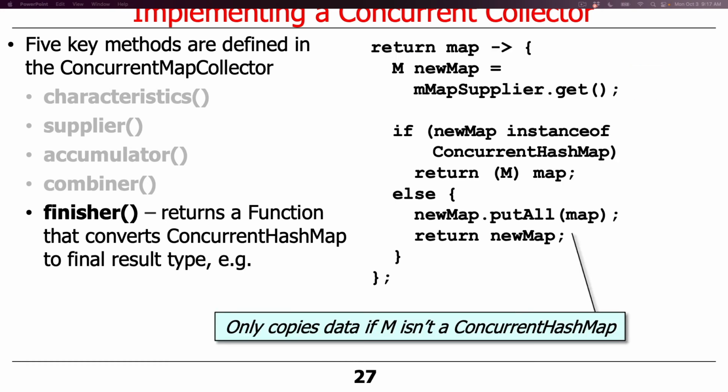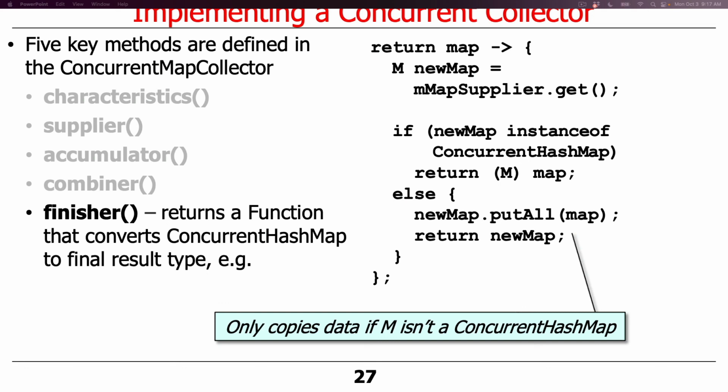And as you can see here, it only copies the data if the map that we're collecting into is not a ConcurrentHashMap. If it is a ConcurrentHashMap, we've already got it in the format we want, so we'll just hand it back. But if it's some other type of map, such as a tree map in this case, then we'll go ahead and make a new tree map, put all the elements from the ConcurrentHashMap into it, which will do the sorting, and then we'll return that new type of map.